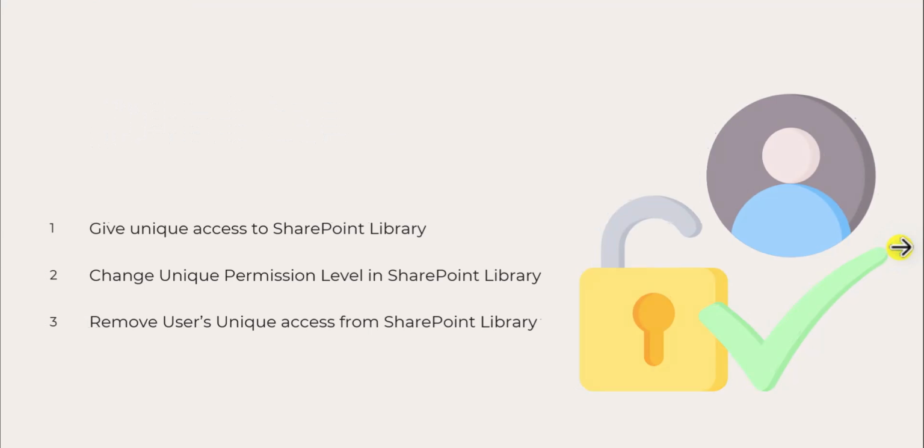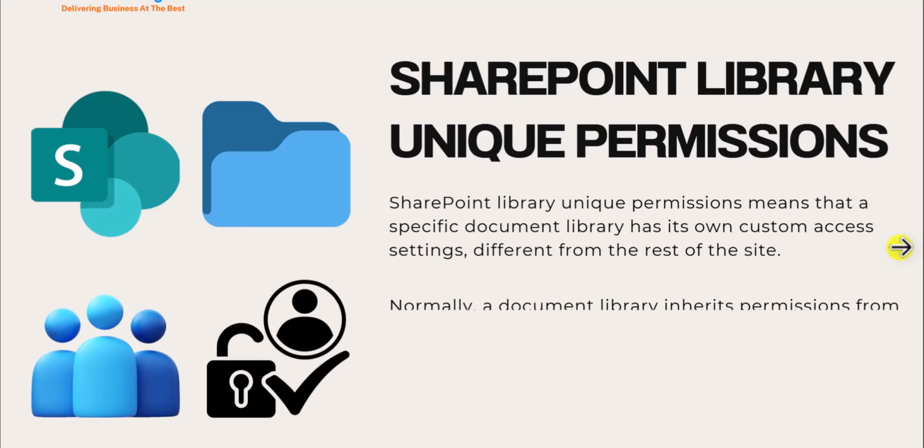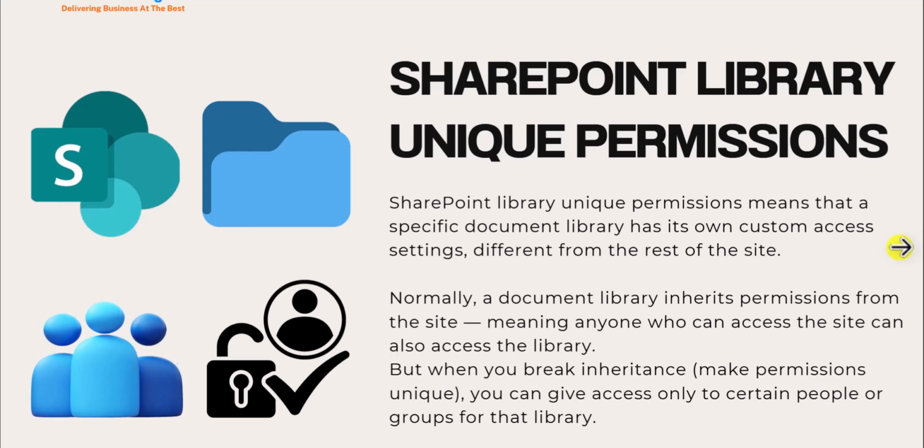So first of all, let me explain what is meant by SharePoint library unique permission. As the name itself suggests, unique permission means that if you want to give someone unique access to a specific SharePoint document library, that specific document library has its own custom access settings different from the rest of the site.